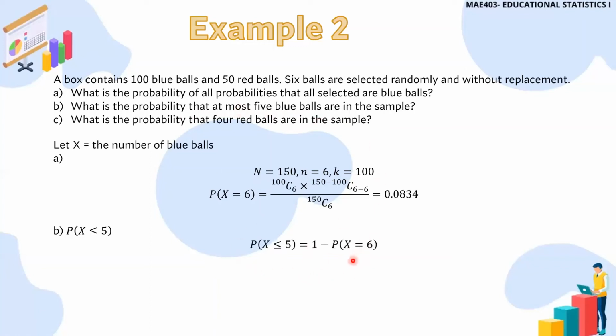To simplify, you can just calculate 1 minus the probability that the number of blue balls selected is 6. We know that the probability that 6 blue balls are selected is 0.0834 from the previous question. So 1 minus 0.0834 is 0.9166.